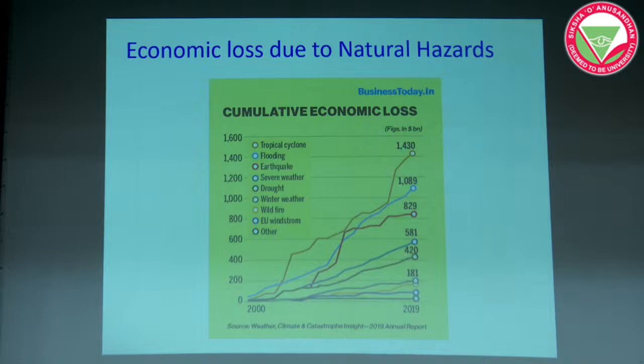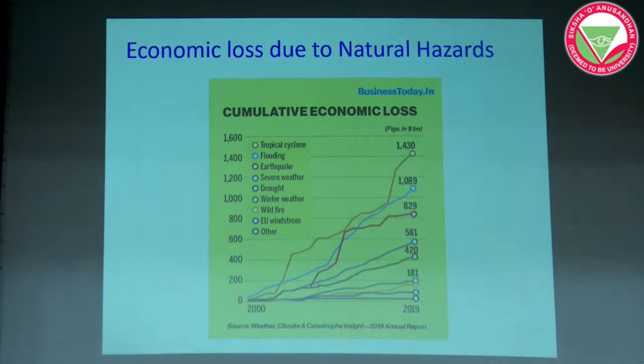And if we see the cumulative economic loss due to disaster, because one is the loss of life, the other is the massive destruction of property and so on, and the cumulative one for 20 years from 2000 to 2019, the top one, the red one, is the tropical cyclones.